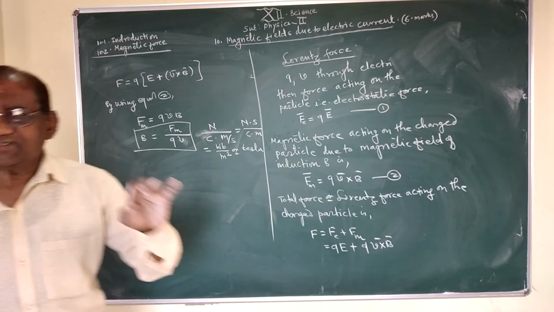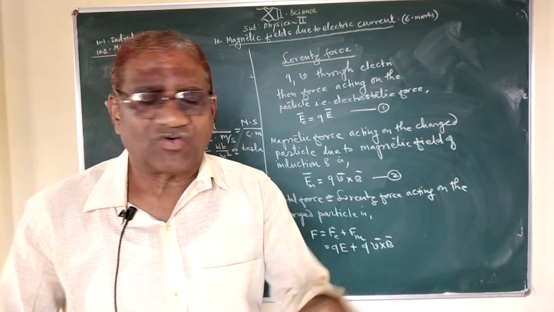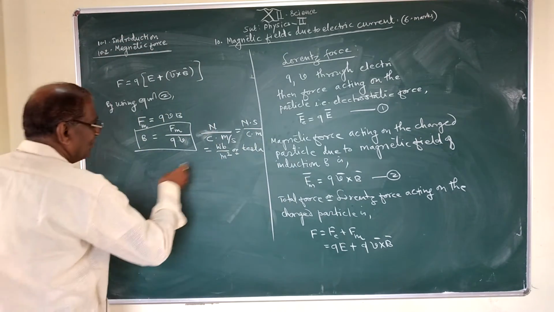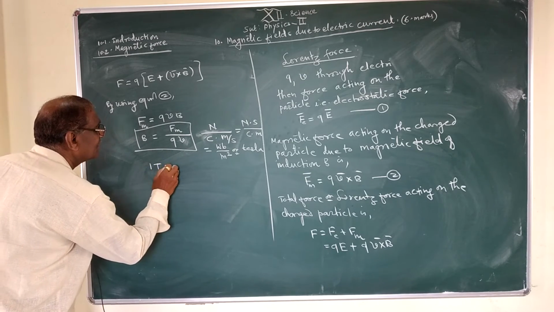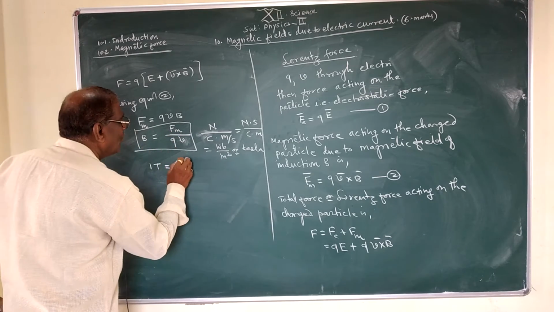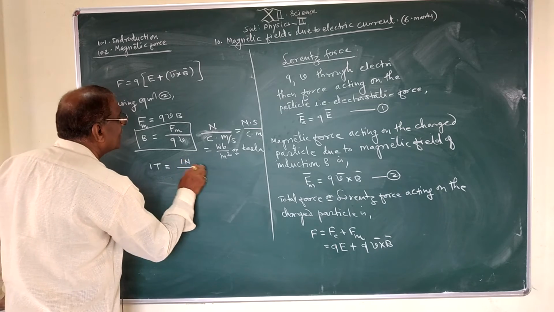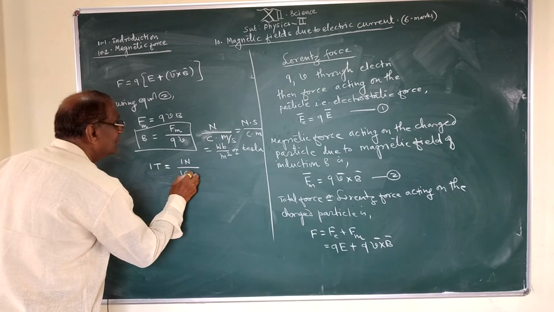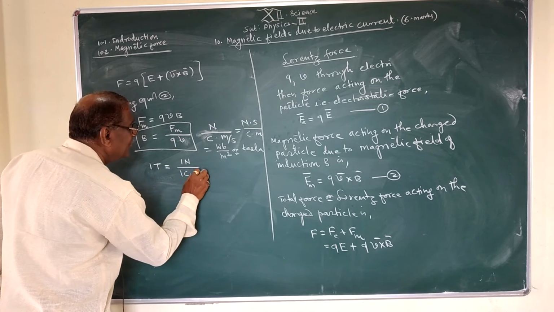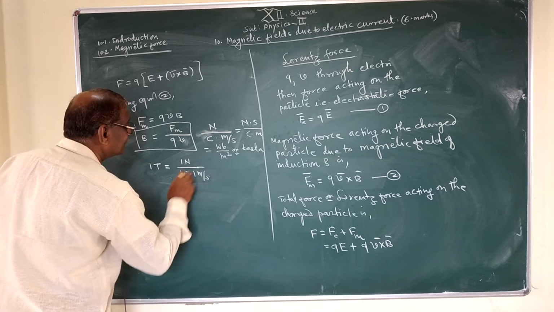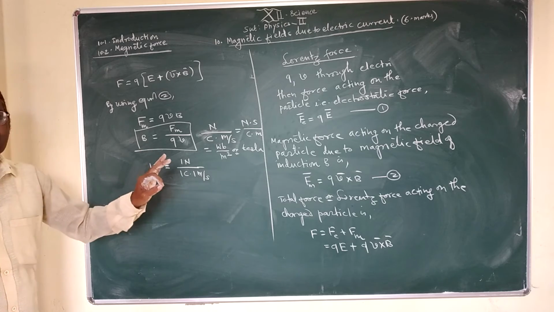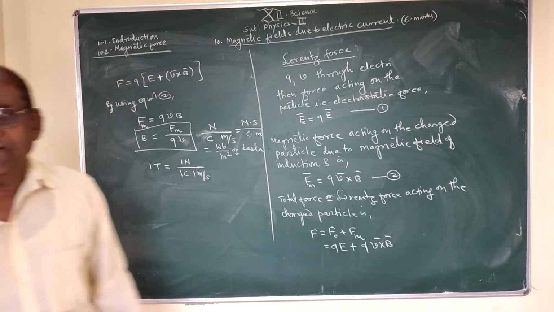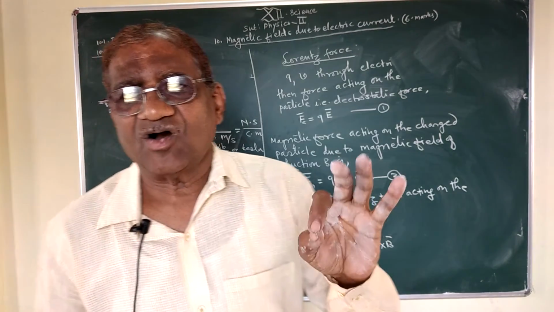The magnetic induction is said to be 1 Tesla means what? 1 Tesla is equal to 1 Newton upon 1 Coulomb into 1 meter per second. From this mathematical definition, we can define the term 1 Tesla.